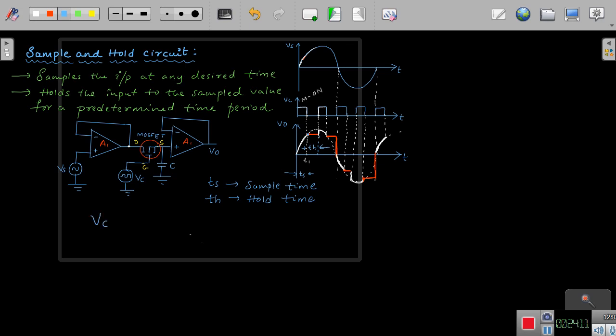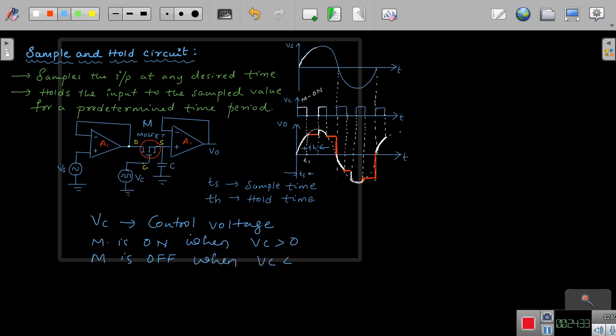VC is the control voltage. For the MOSFET, which I will write as M, M is on when VC is greater than 0, and M is off when, let us say, VC is less than 0.